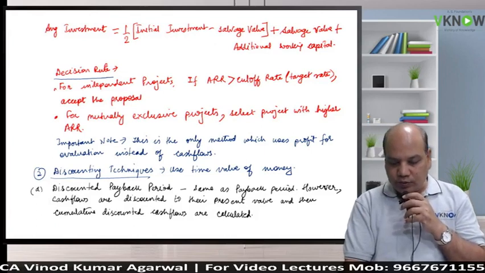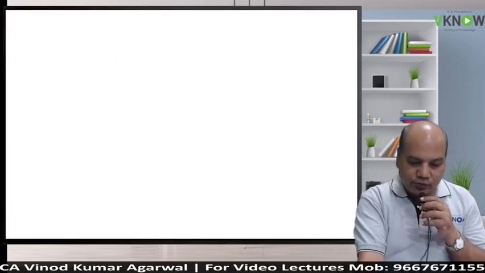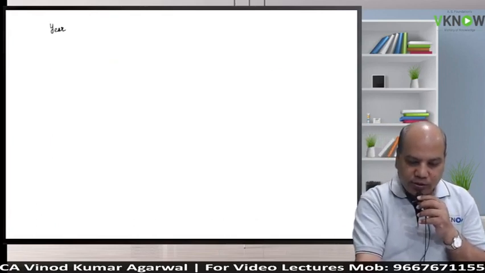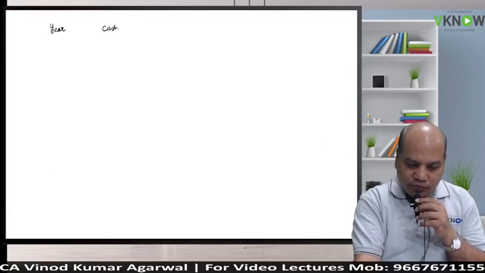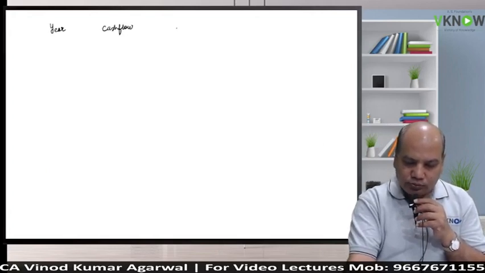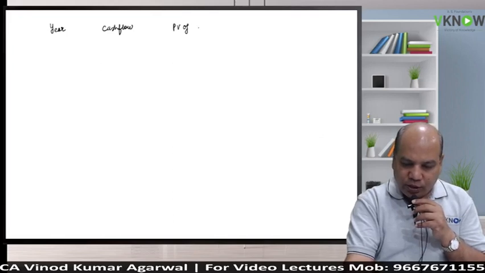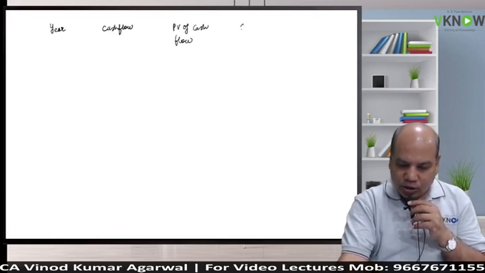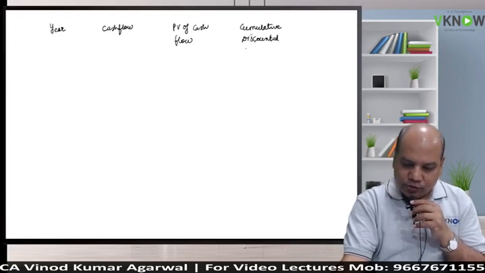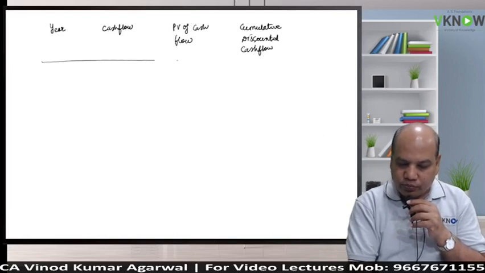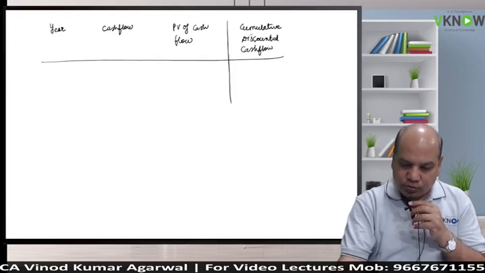So what will be the format here? For discounted payback period, the format will be year, cash flow, present value of cash flow, and then cumulative discounted cash flow. So one extra step you have to perform, PV of cash flow.